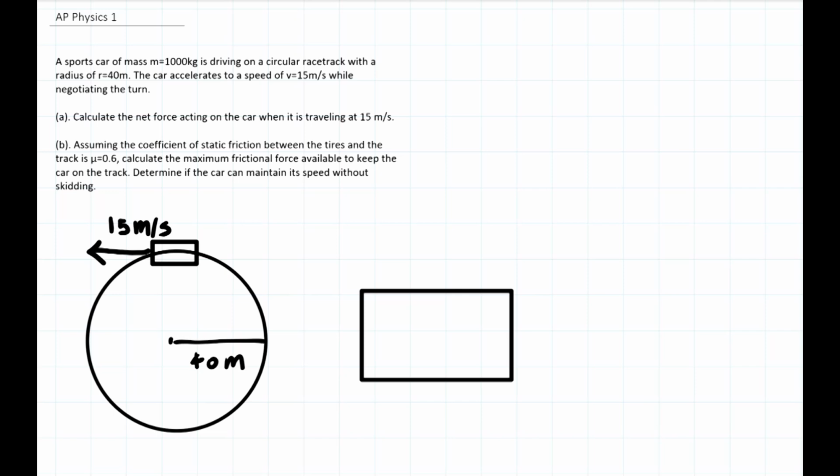And any time velocity is changing, this means that there is an acceleration. In the case of circular motion, the acceleration is towards the center. So that means that there is a centripetal force. And just like any other force, using Newton's second law, the centripetal force is equal to the mass of the object times the centripetal acceleration.